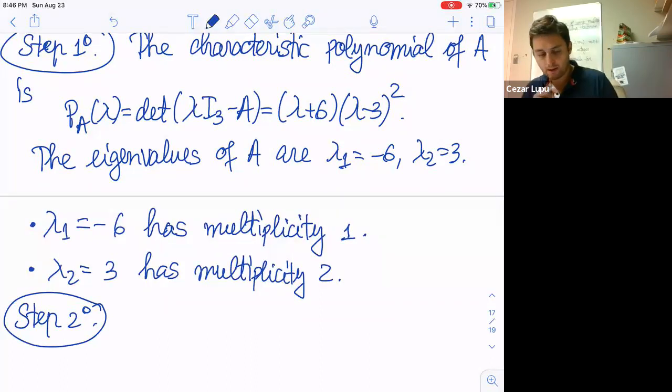Step 2, we want to find the eigenvectors for the two eigenvalues.